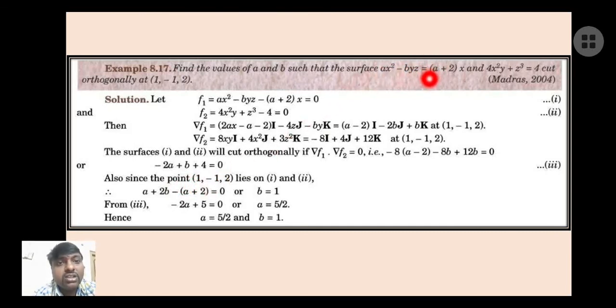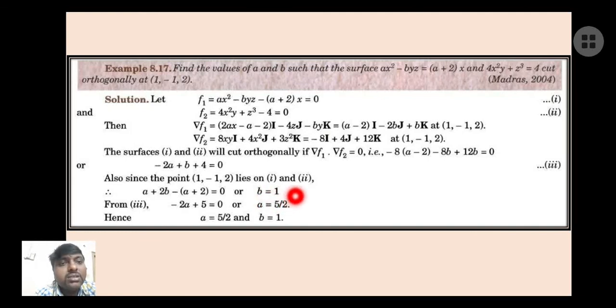You replace the values in that one, you are getting a plus 2b minus a plus 2 is equal to 0. I am just replacing x equal to 1, y is equal to minus 1 and z is equal to 2. By simplifying this one, I am getting b is equal to 1.